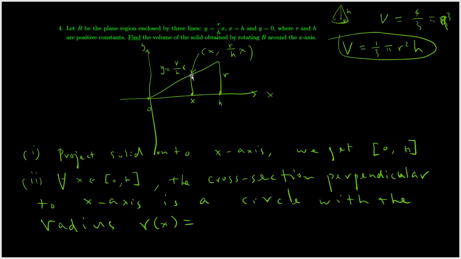The y coordinate of this point is the length of the line segment, which is the radius of the circle, the radius of the cross section. After getting the radius, you know how to compute the area of the cross section, and then you integrate the area of all the cross sections from 0 to h. You have the volume.